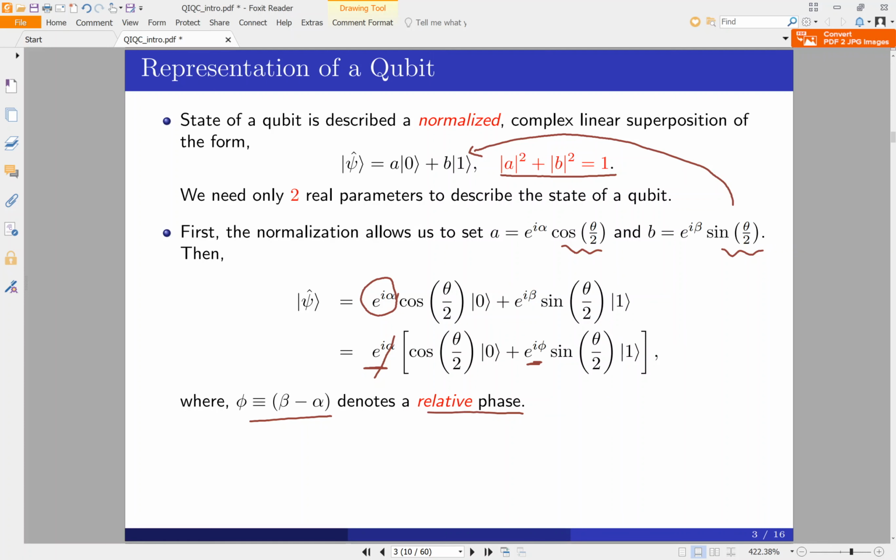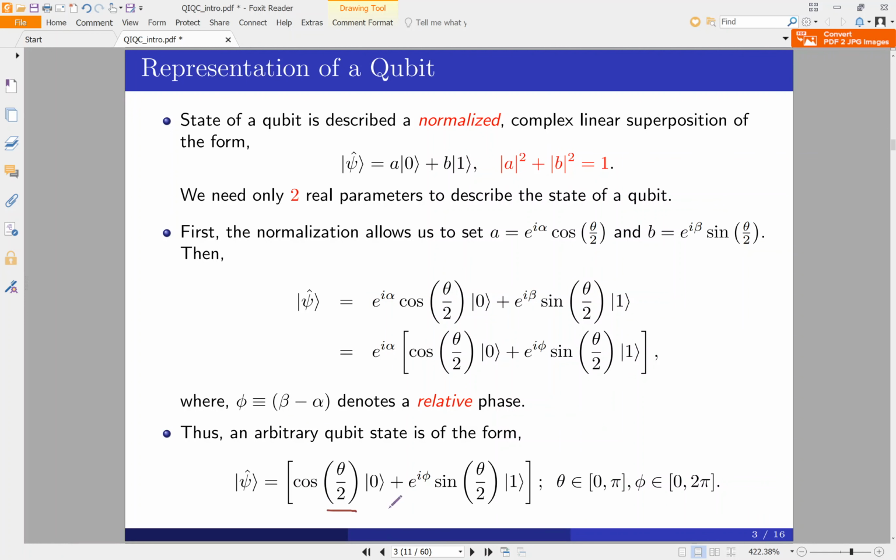The state of a qubit can only be described up to an overall phase. So this real parameter alpha, which describes the overall phase, is not useful to us. What really matters is only the relative phase. So now you see I have described the qubit state using just two real parameters, two angles actually, theta and phi. One angle theta which represents the amplitude part, and the other angle phi which gives me the phase information.